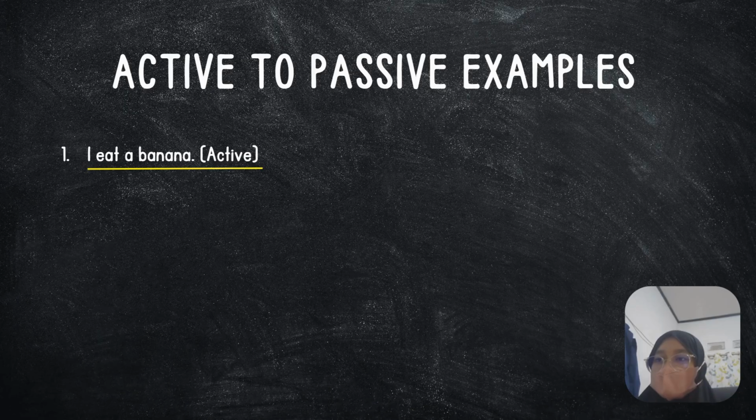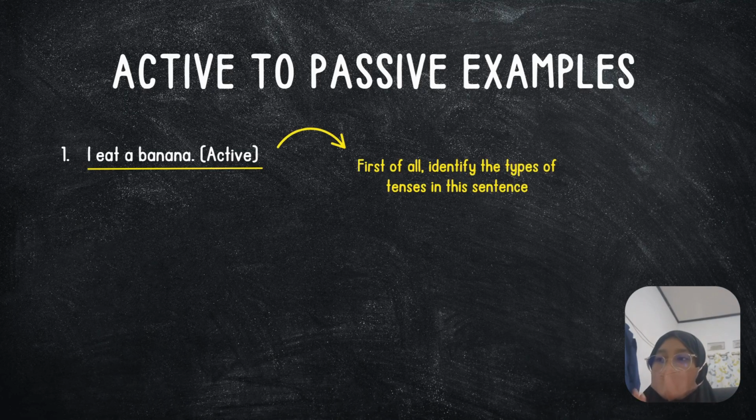First of all, identify the type of tense in the sentence. So, what is the type of tense of this? Yeah, this is simple present tense.